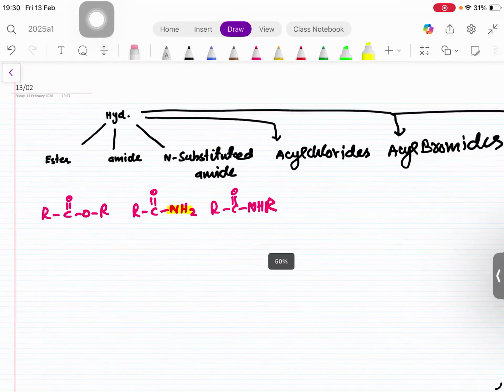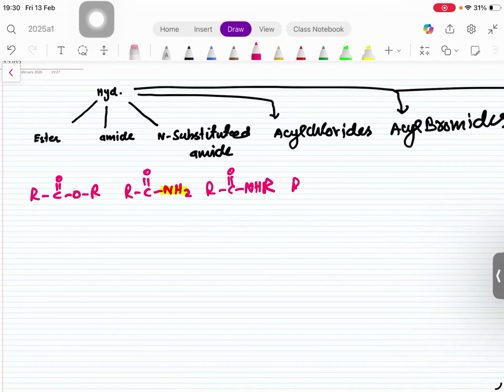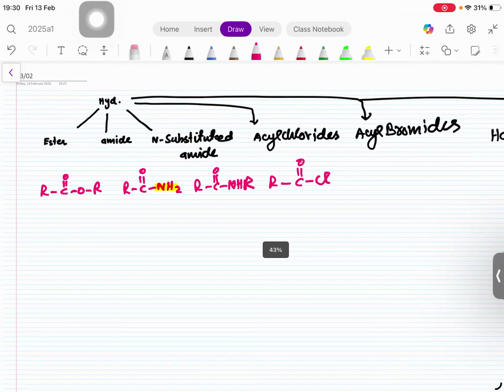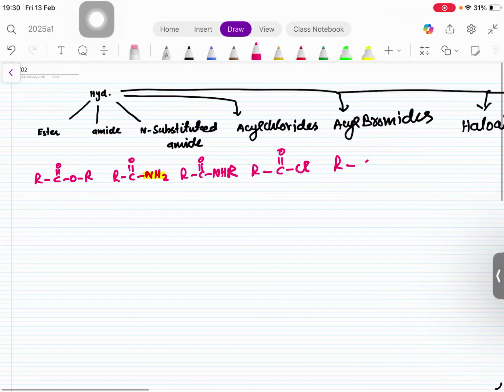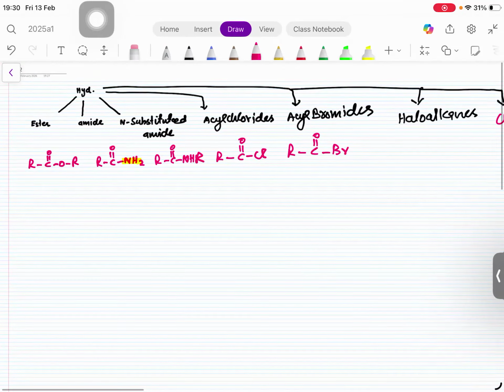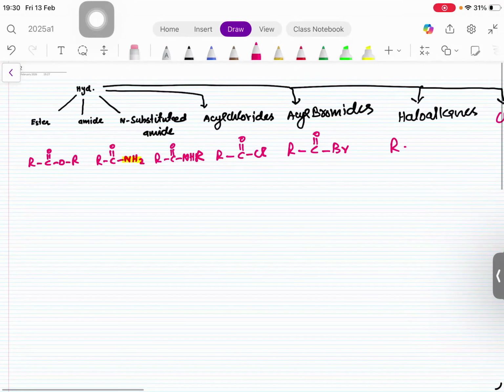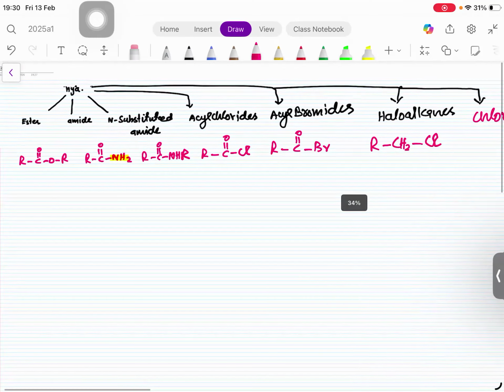Okay. Similarly, RCOCl is acyl chloride. R is alkyl. RCOBr is acyl bromide. RCH2Cl is a haloalkane, I can write RCl, but I'm writing RCH2Cl on purpose.